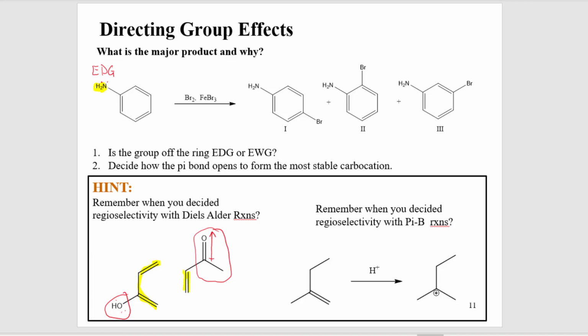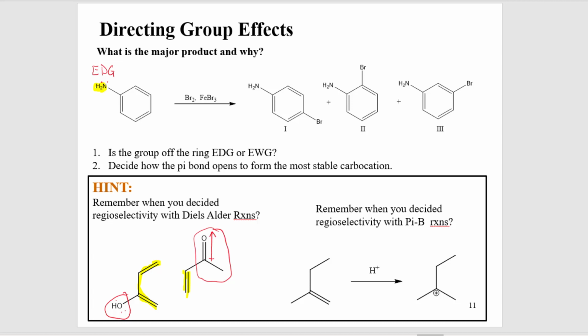These are like segments of a benzene ring. And the groups off of those benzene ring segments can be considered either donating or withdrawing. So all of the same stuff, it's the same. It's not different for Diels-Alder than it is for benzene chemistry. I really want you to see that.